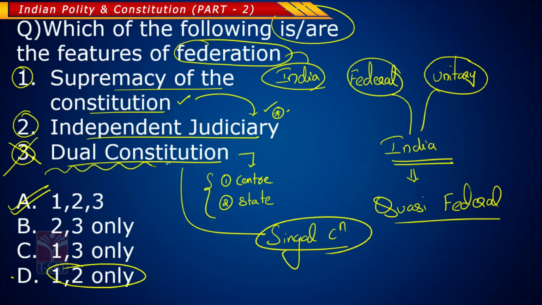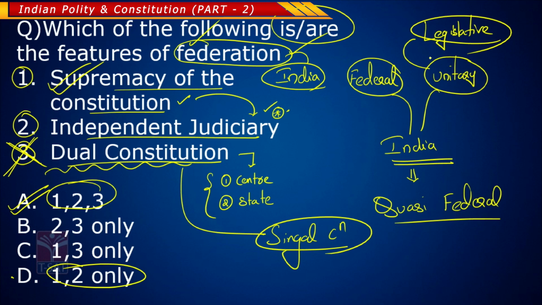Even though dual constitution is a feature of the federation, in India there is no dual constitution. That is the meaning here. Now, this is the question and the answer is 1 to 3, the features of the federation. See, supremacy of the constitution is a feature of the federation. In a unitary country, there is a supremacy of legislature. We have legislative supremacy.